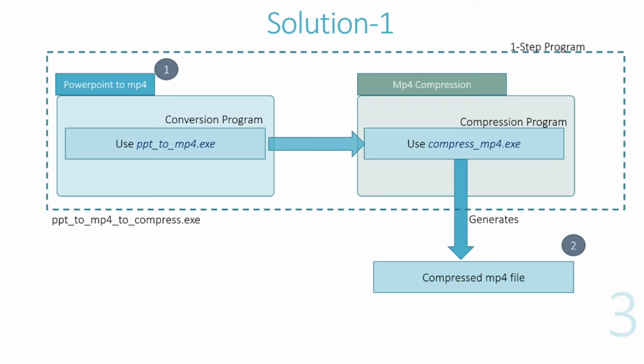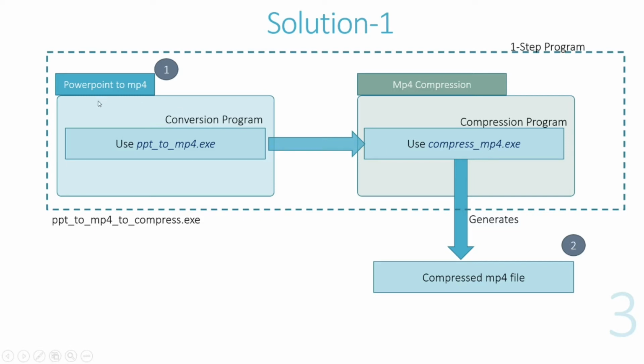So what's the solution? If you look at this particular program, PowerPoint to MP4 to compress.exe, this is one single exe that is used to convert a PowerPoint presentation to MP4, and further the MP4 is compressed into a lighter weight MP4.